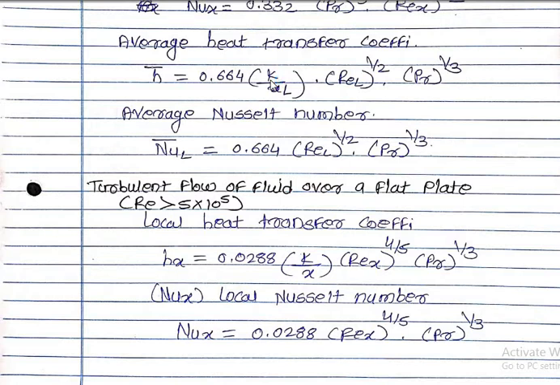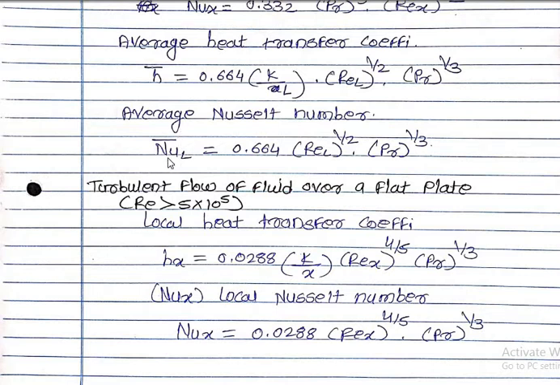Here k is the thermal conductivity, h bar is the average heat transfer coefficient, L is the total length of the plate, Re suffix L is the average Reynolds number, and Pr is the Prandtl number. The average Nusselt number can be found by using the equation Nu equal to h bar multiplied by L divided by k.